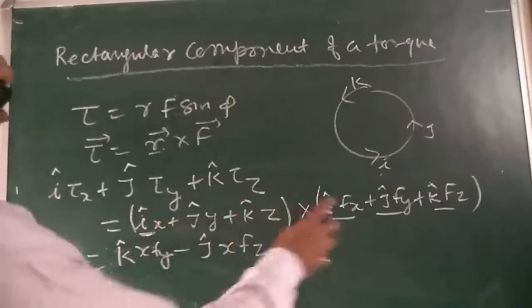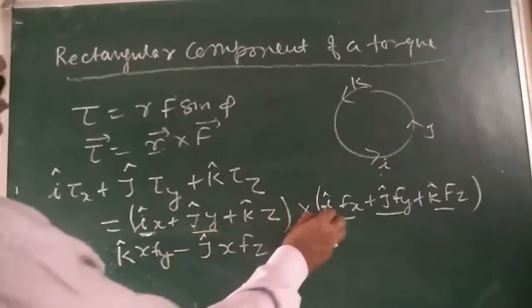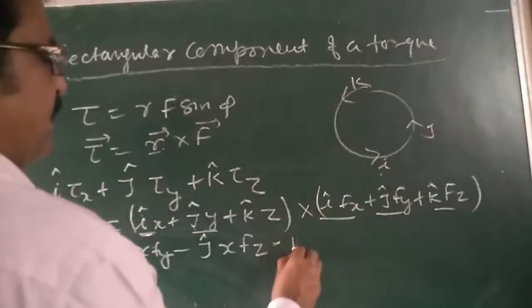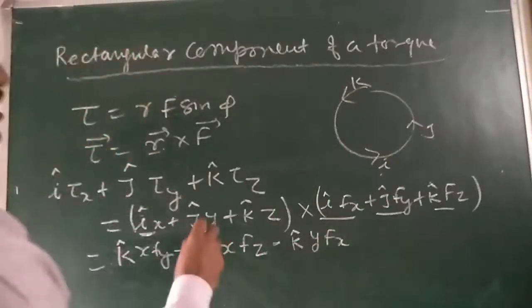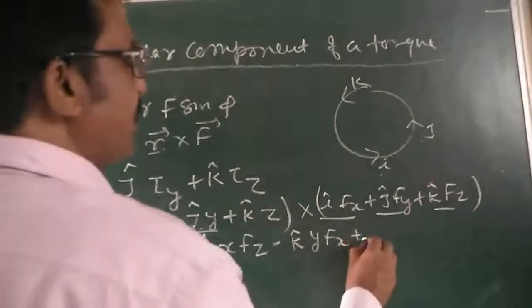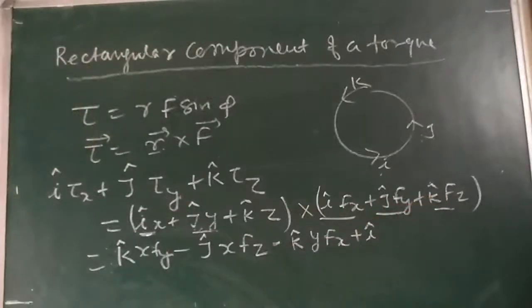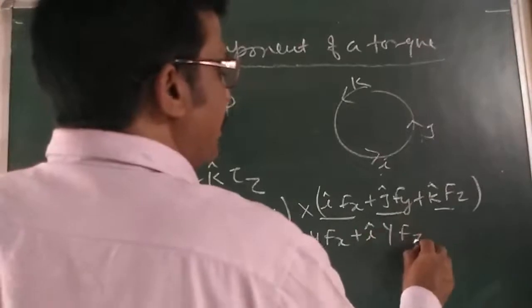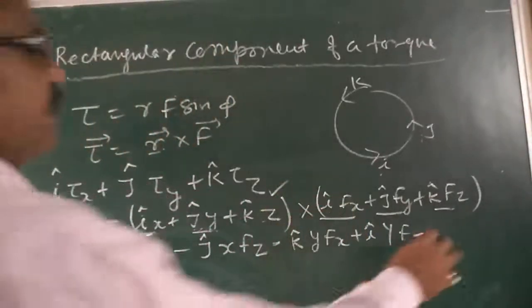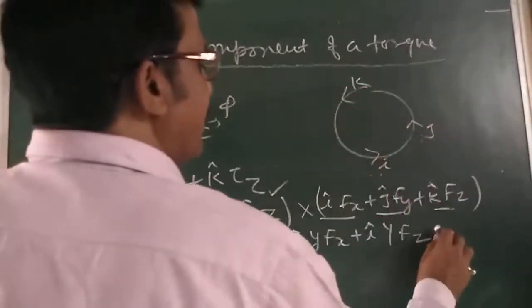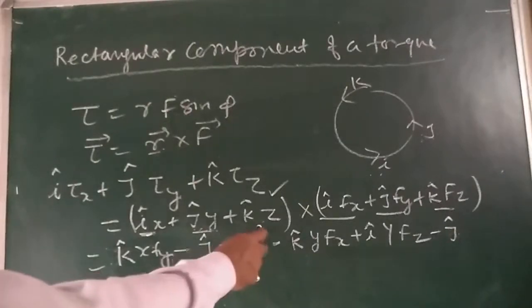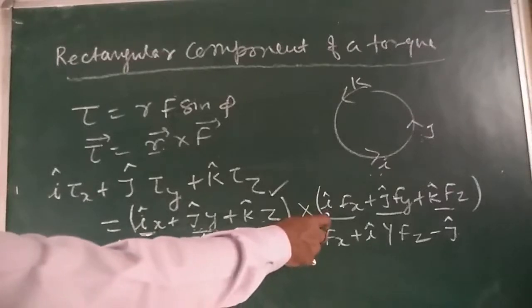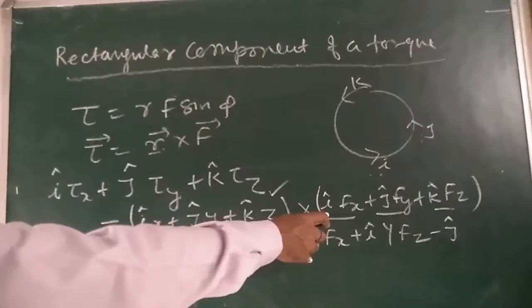Then j y: j cross i is reversed, so minus k, that is y Fx. j cross j is 0. j cross k is i, that is y Fz. Then k z: k cross i is j, that is z Fx.